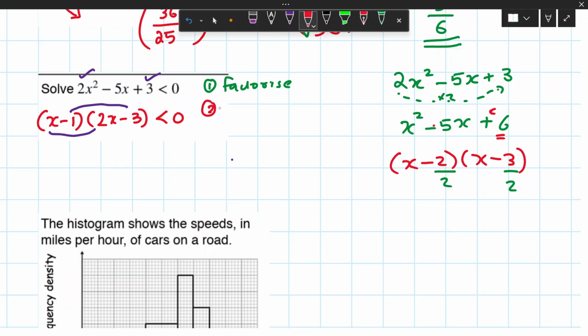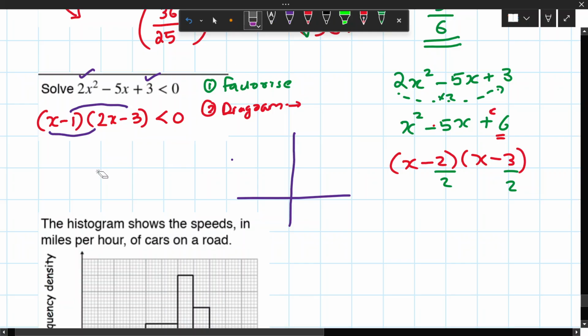Step number 2 is you need your diagram. So we're going to draw a diagram now. We know this is a positive quadratic. If you want to draw your diagram, you need the roots or your x-intercepts.